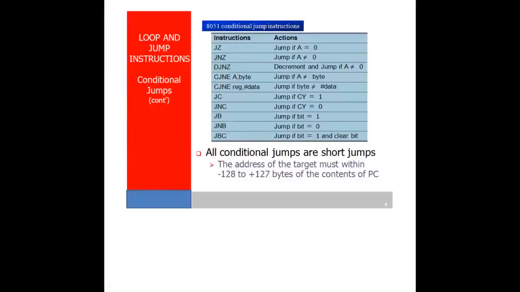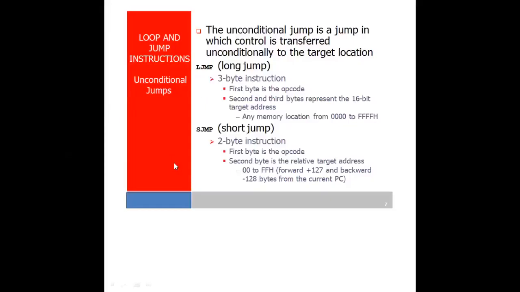But remember, all the conditional jumps are short jumps, because the target address we specify in the label will be within the range of minus 128 to plus 127 bytes of the content of the program counter. So you have to consider that the address specified after these instructions will be within this range. Don't forget this concept.